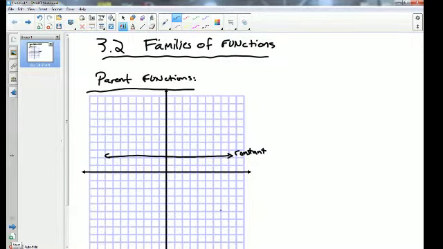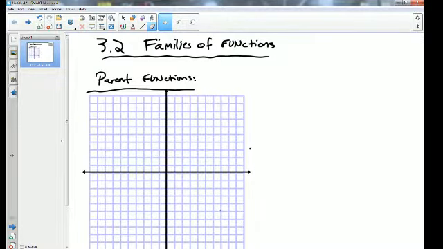It's y equals 0. All right, so this is the constant function. Y equals 0.